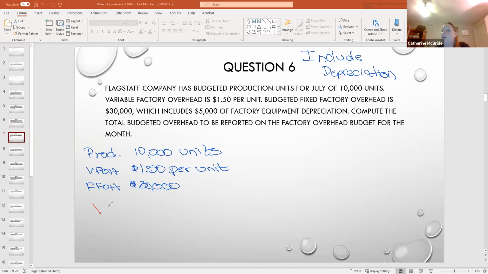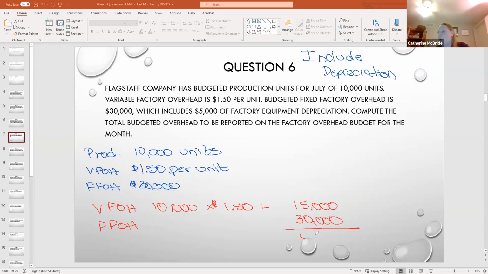So variable factory overhead is 10,000 times $1.50, which equals 15,000. And fixed factory overhead is 30,000. So total is 45,000.